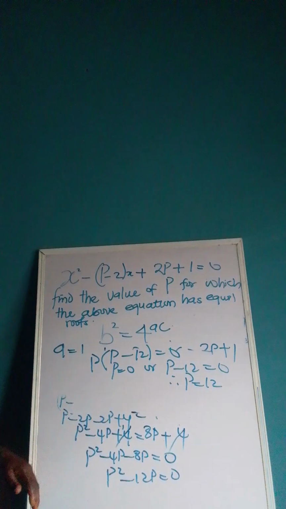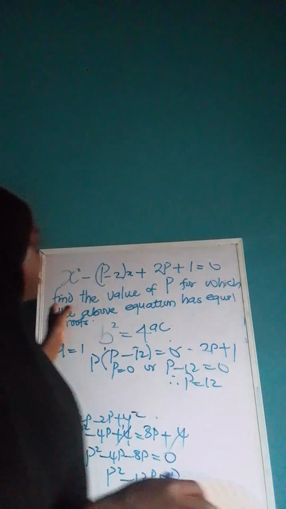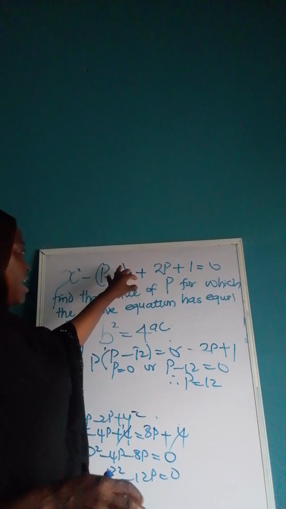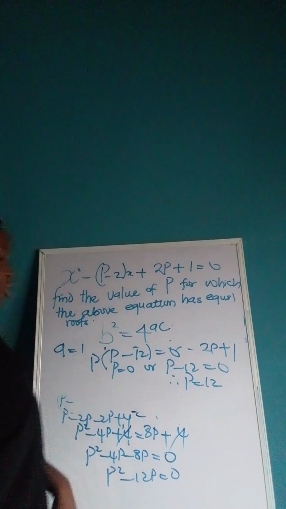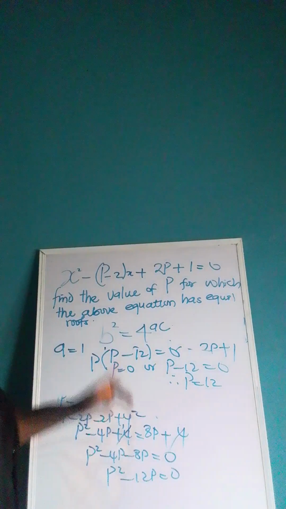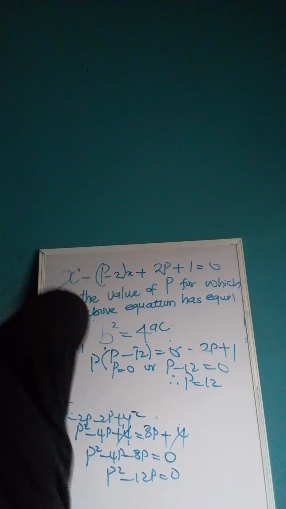It means that for the expression x squared minus (p minus 2)x plus (2p plus 1) to be equal to 0 with equal roots, our p will either be 0 or 12. Let's put it there and check.